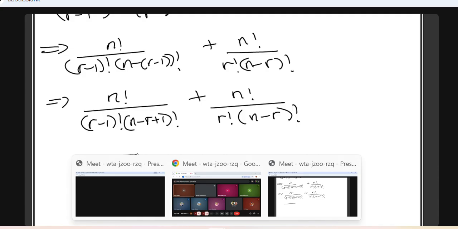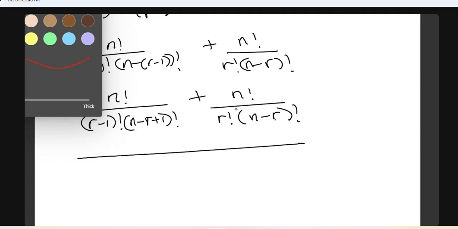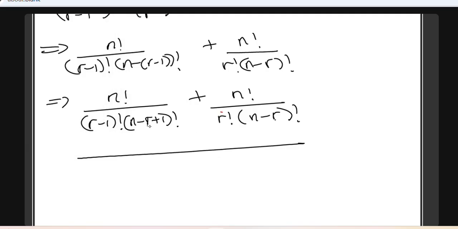Let's find the common denominator here. Note that n minus r plus 1. So this is what you should notice. As quantities, this one is bigger than this. Do you agree with me that n minus r plus 1 is bigger than n minus r?